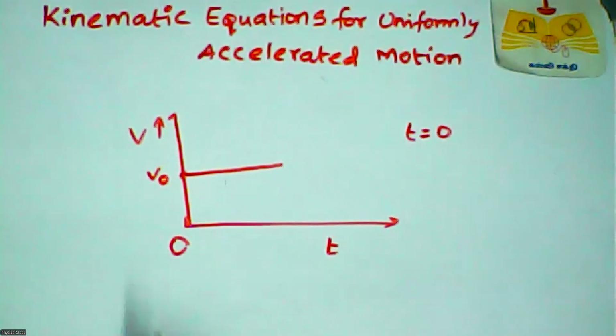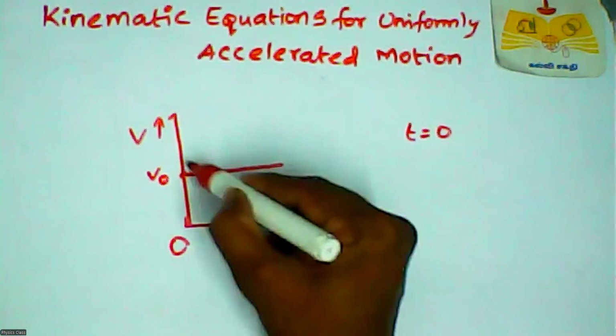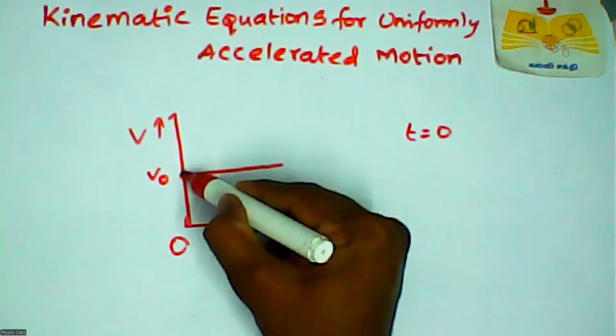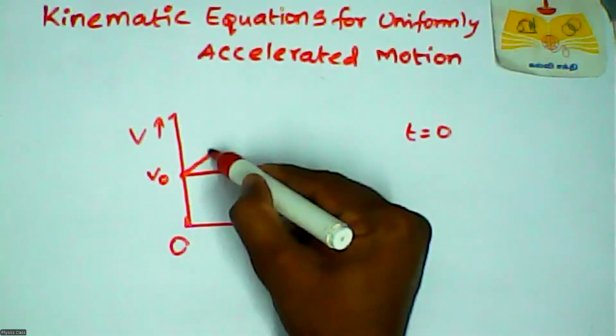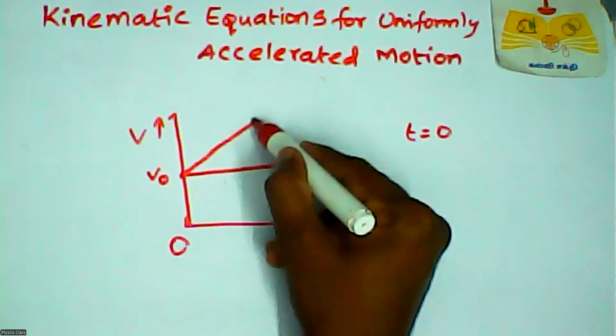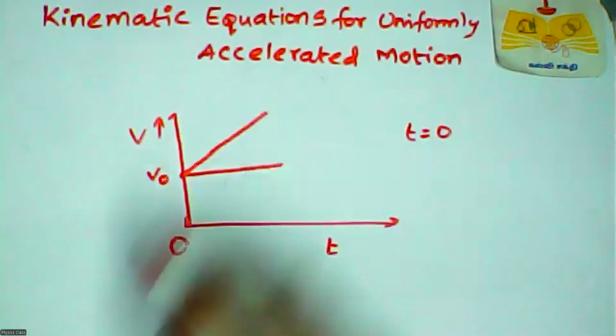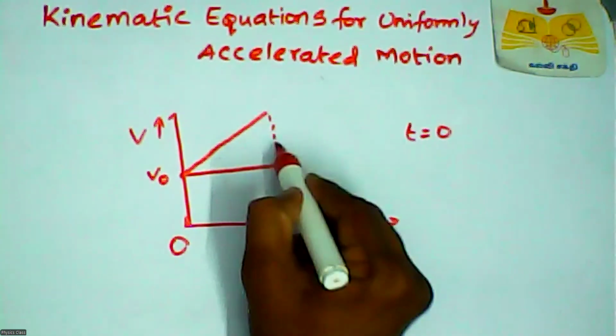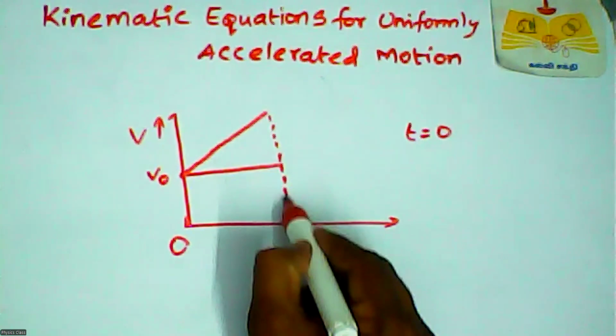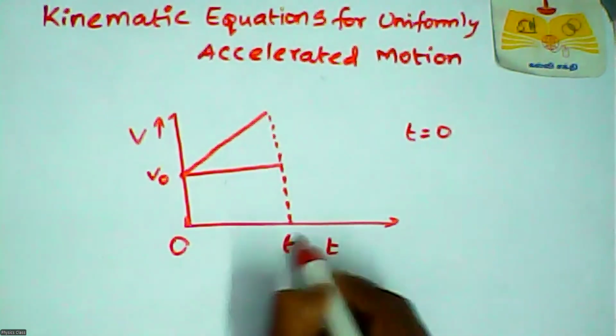Already told you, the object from its initial speed goes like this. So we can connect by a dotted line like this. So this is T.